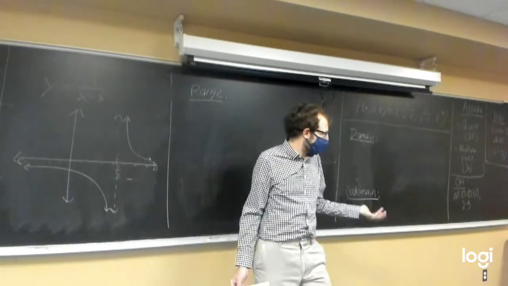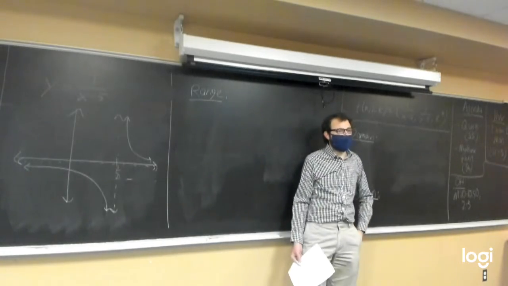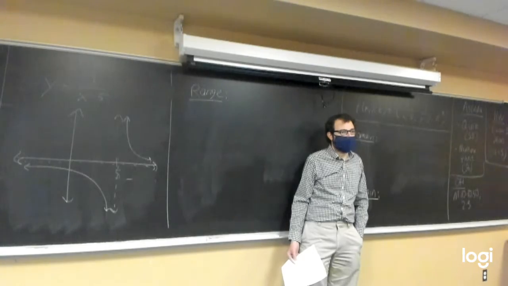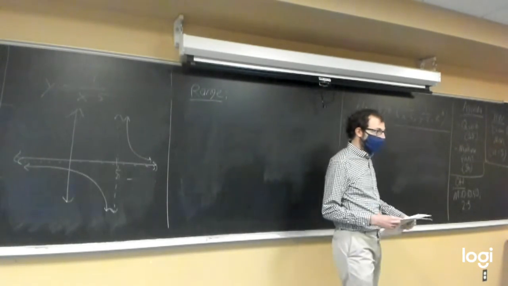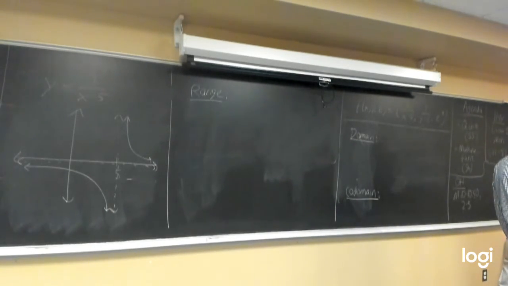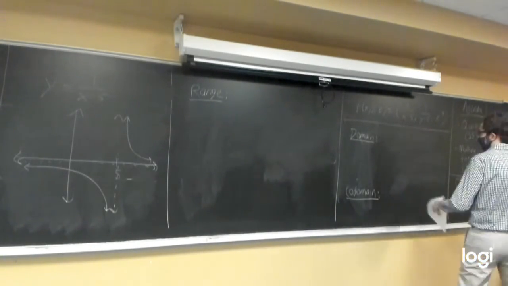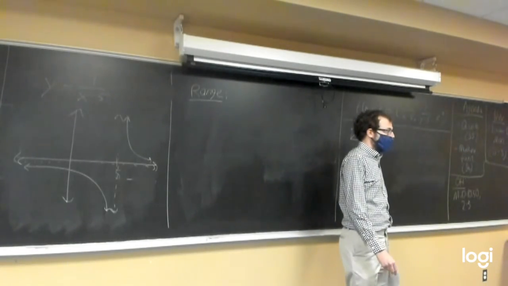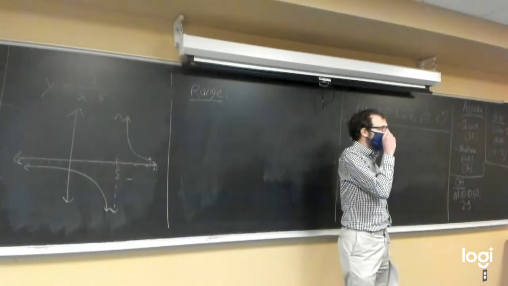So let's talk about the domain. What are the vectors that we're allowed to plug into this function? Yeah, all real numbers except for 5. So you're plugging in single numbers into f. I think you're onto something.